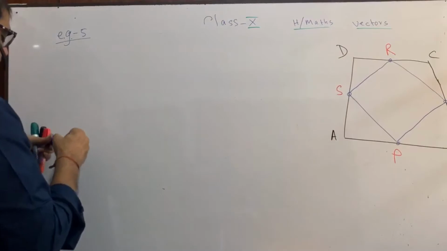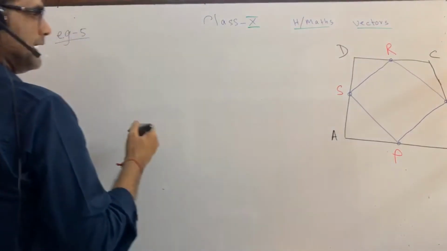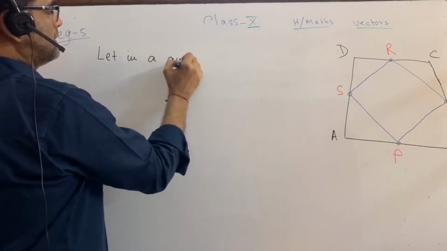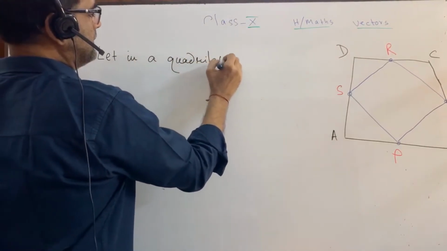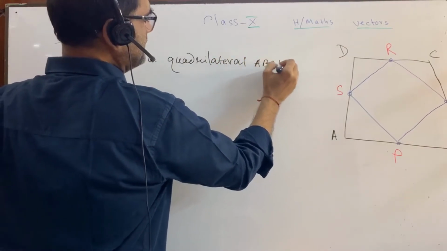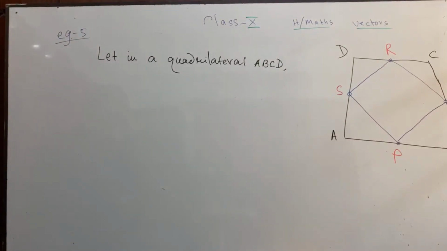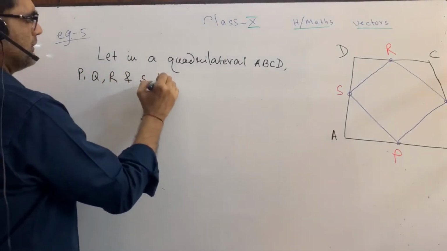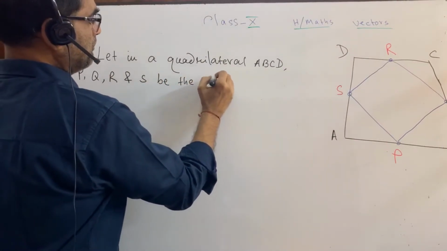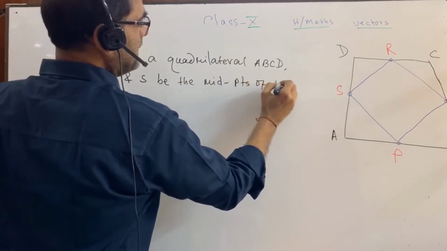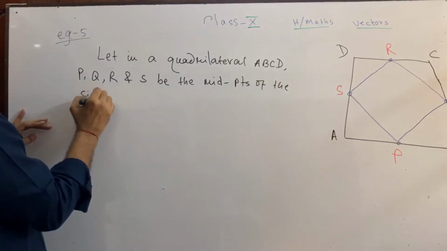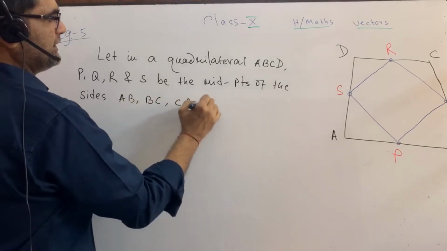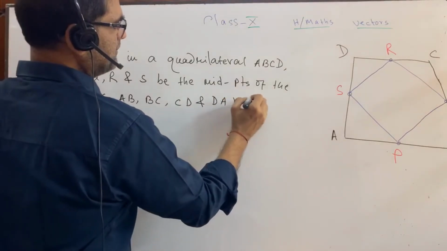Let, in a quadrilateral ABCD, P, Q, R and S be the midpoints of the sides AB, BC, CD and DA respectively.